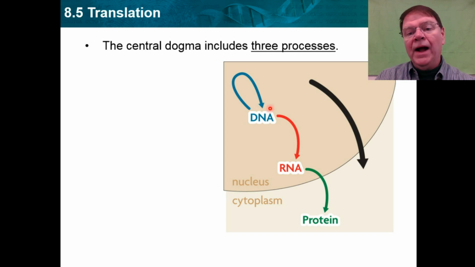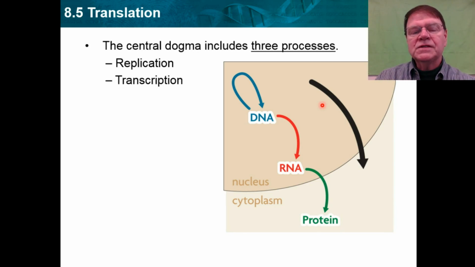And then throughout the lifetime, there are many instances in which some of this information is going to be copied into another nucleic acid known as RNA, ribonucleic acid, that will be used in the production of proteins that you can see here.